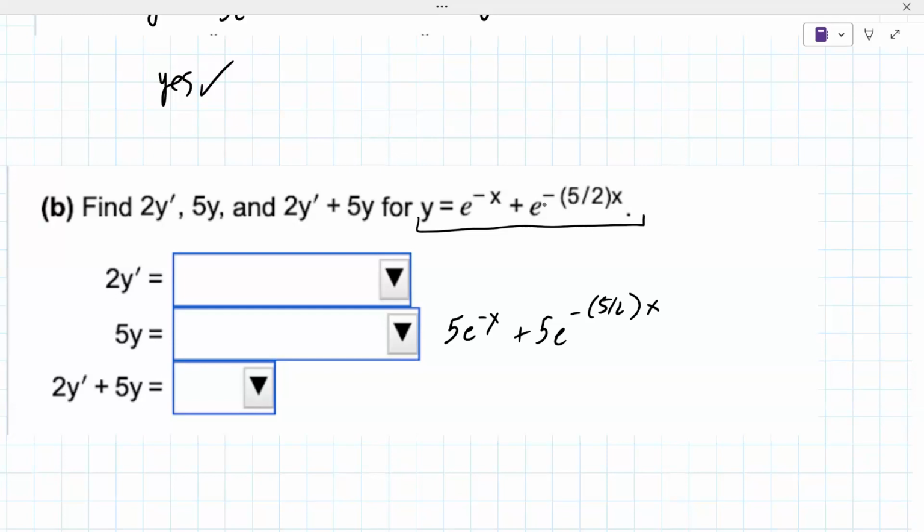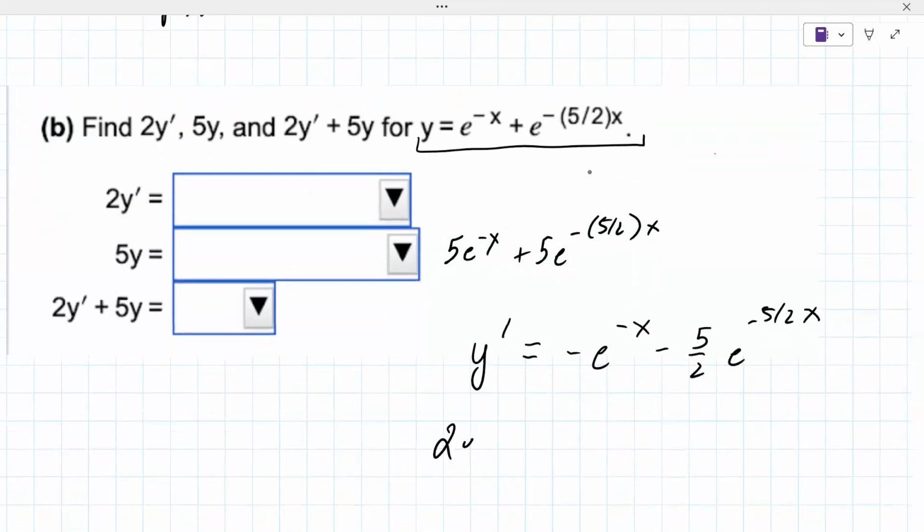Now, for the 2y prime, we do have to find the derivative. So the derivative is minus e to the minus x minus 5 over 2 e to the minus 5 over 2 x. And then you're multiplying it by 2. So that becomes minus 2e to the minus x minus 5e to the minus 5 over 2 x.